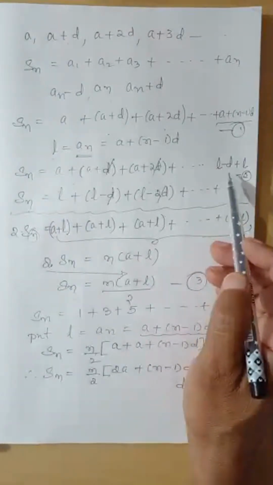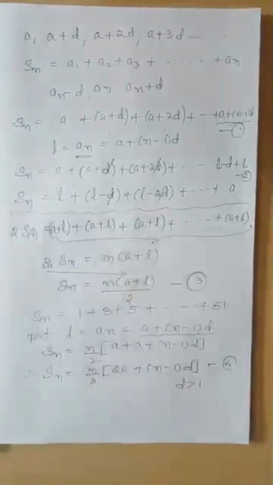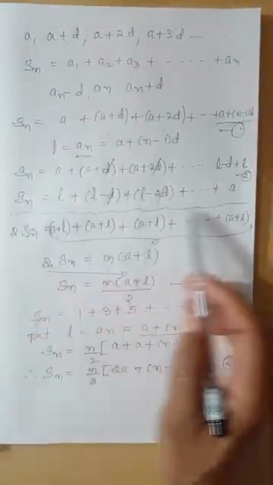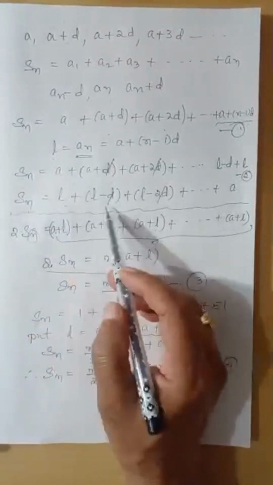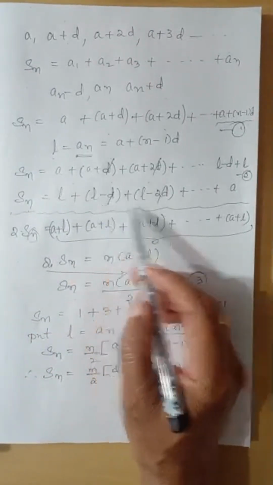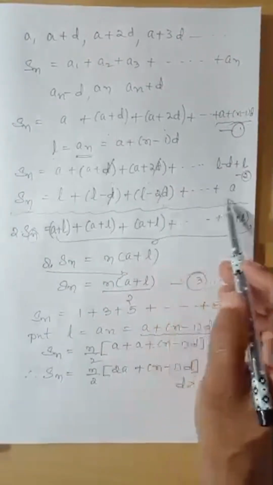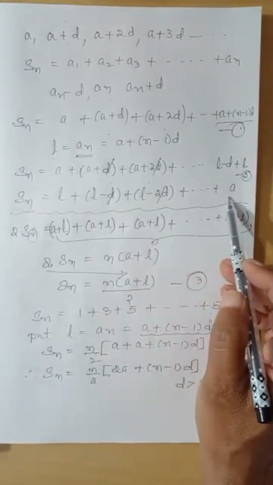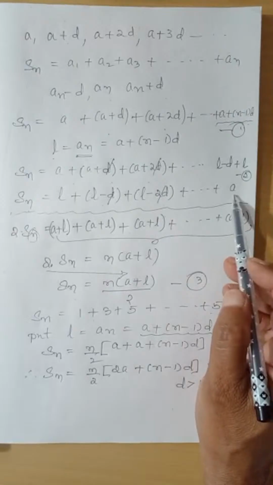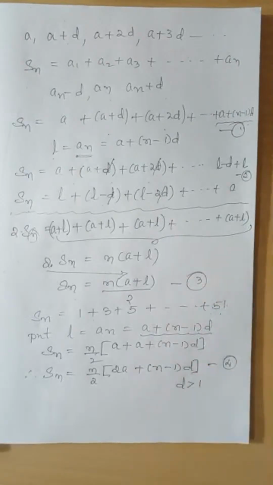Now write this in reverse order. This one is in increasing order; now I am going to write in decreasing order: L, its preceding term L minus d, its preceding L minus 2d, plus dot dot dot, and the last term is the first term a.